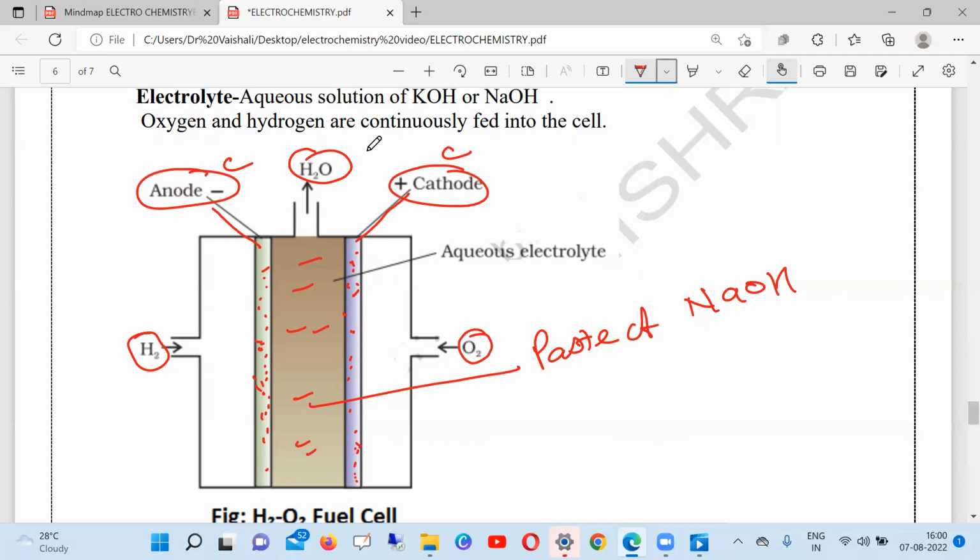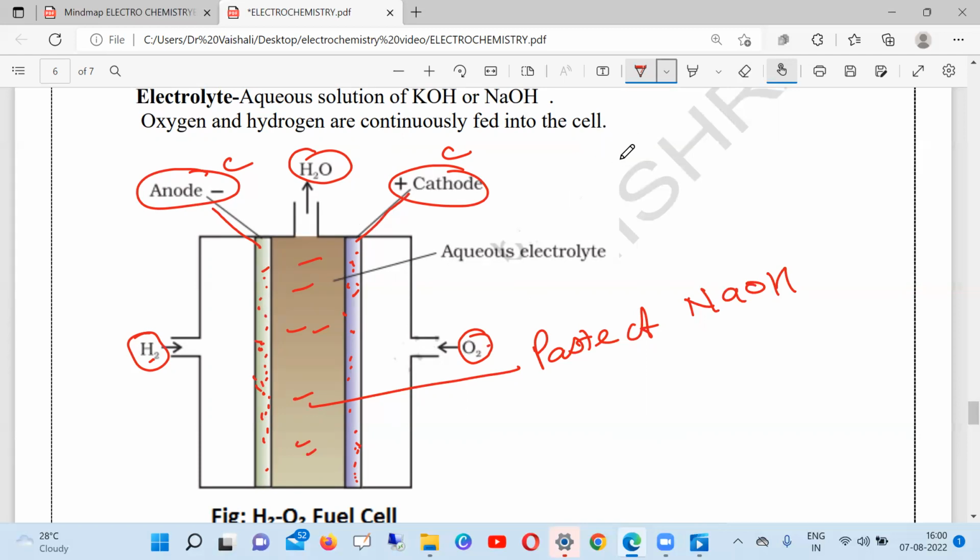This is the reason fuel cell has too many advantages. What are the advantages of fuel cell? The first thing, the raw materials are very cheap. Hydrogen, oxygen raw materials are not very expensive. Second, the byproduct which is formed is water, which is not a harmful product, it is a useful product.